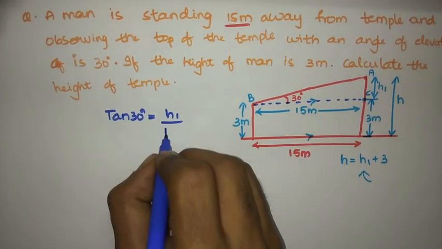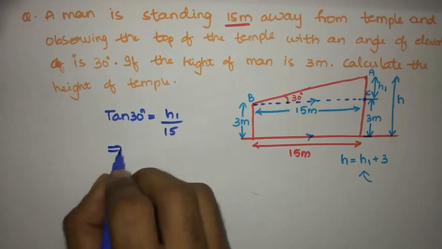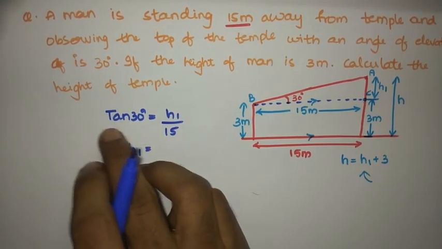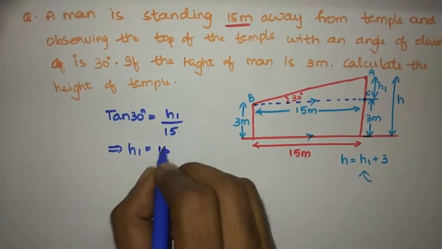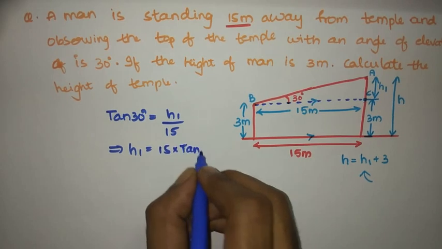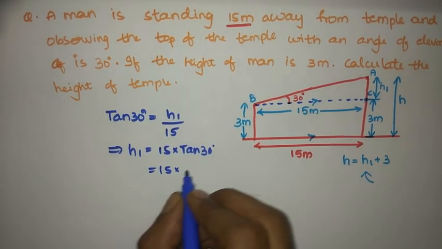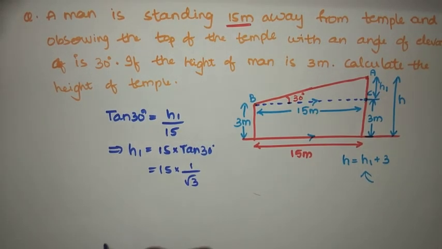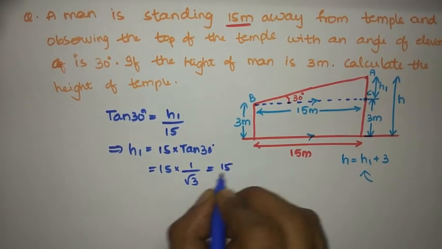BC is 15 meters. So from this, H1 is equal to, if this 15 goes to the left hand side, it will be multiplied with tan 30. So it will be 15 into tan 30. But tan 30 degrees is nothing but 1 by root 3. So this height is 15 by root 3.